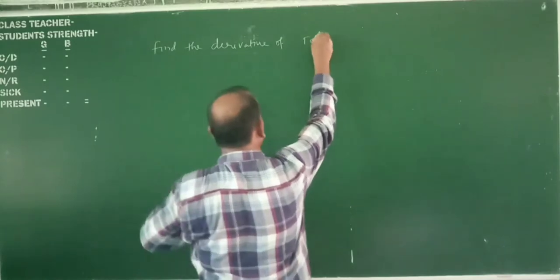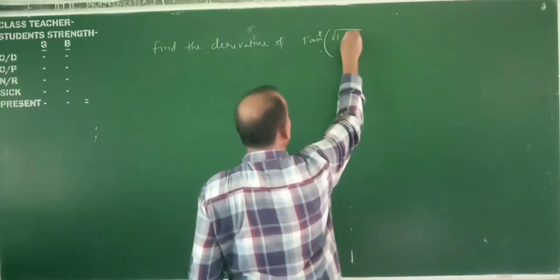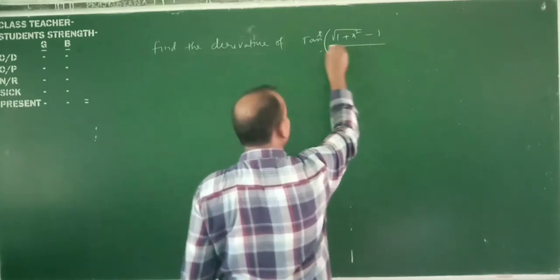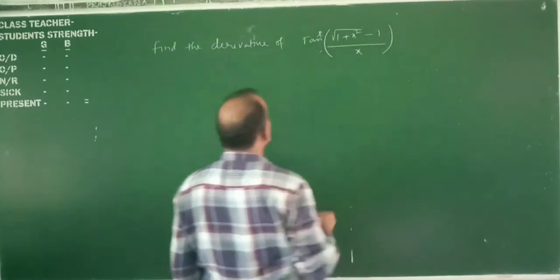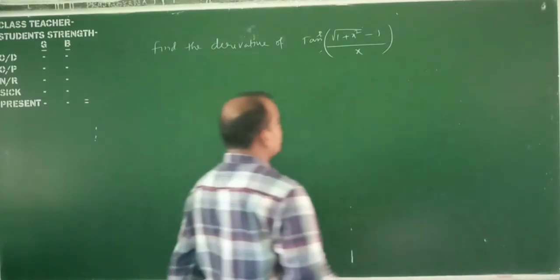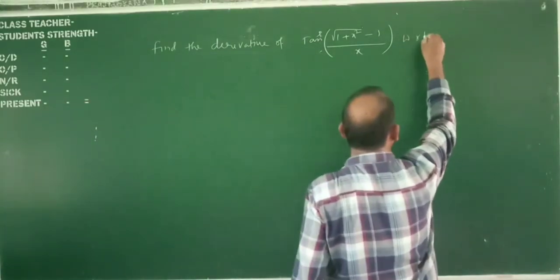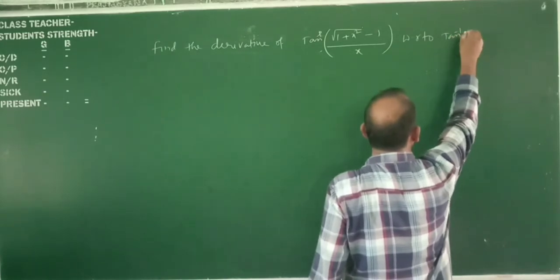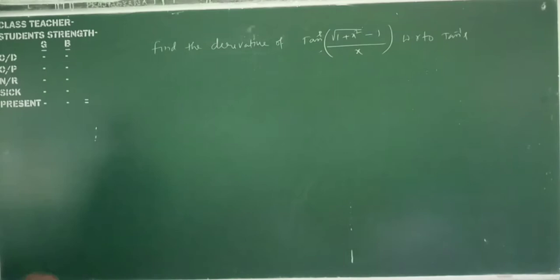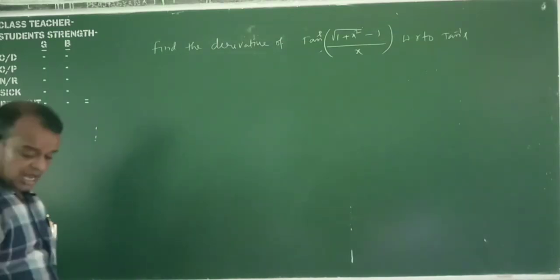Find the derivative of tan inverse of root over 1 plus x square minus 1 by x, with respect to tan inverse of x.